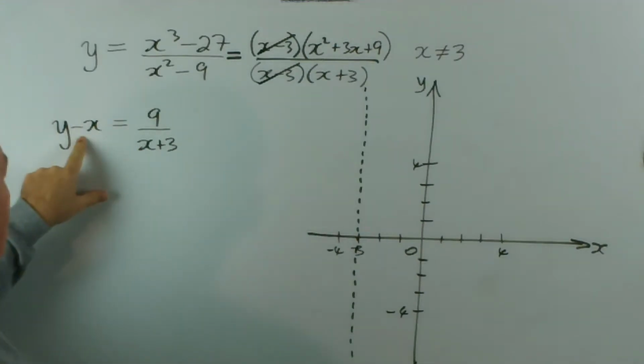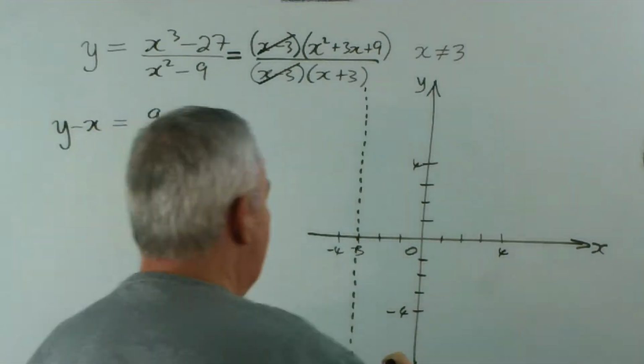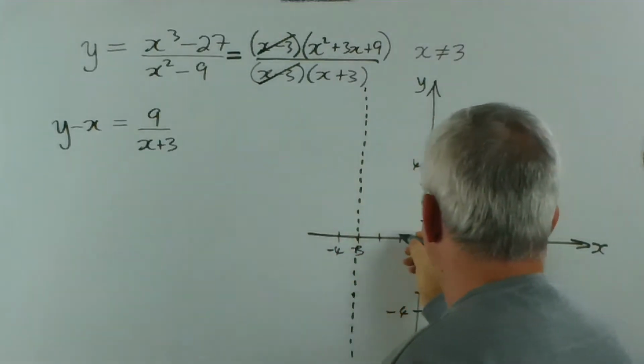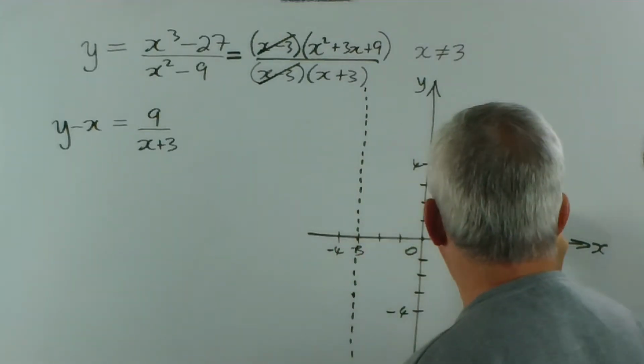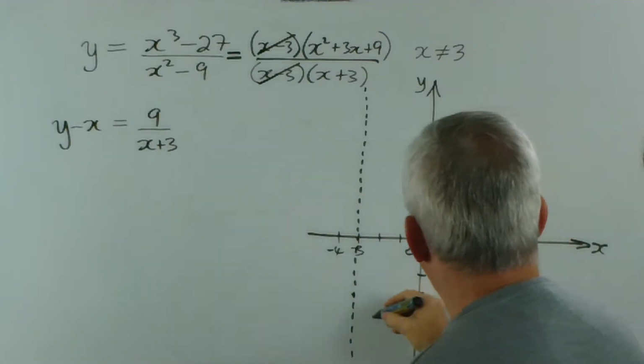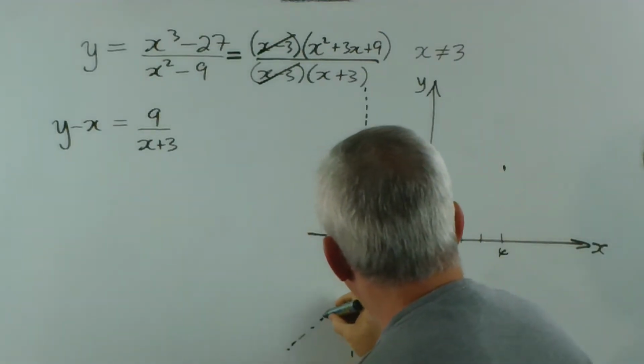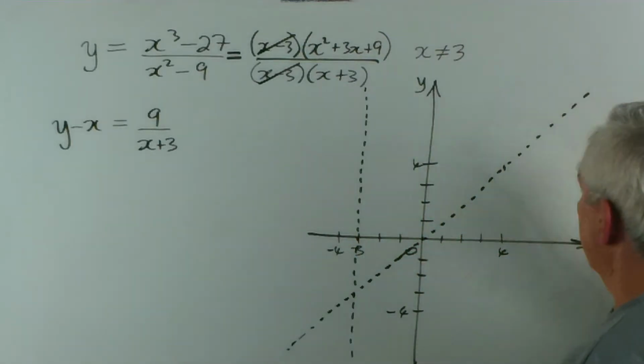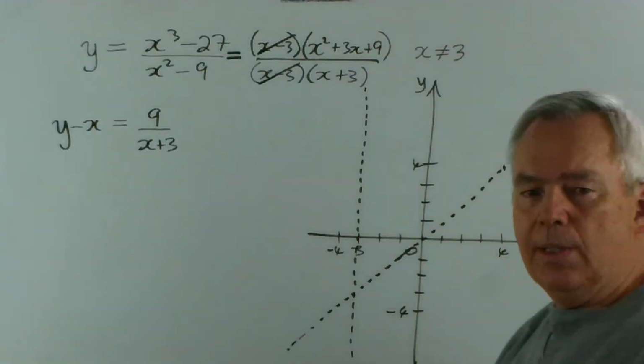And we have another one where y equals x. Now y equals x is going to go through negative 3, negative 3, and 0, 0, and 4, 4. They're all going to be the same. So here we go. There are our two asymptotes.